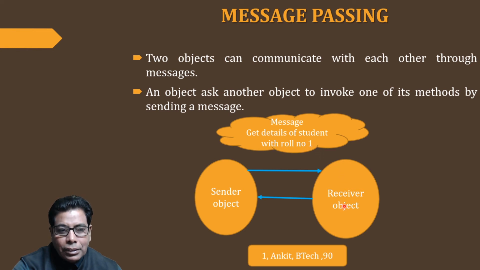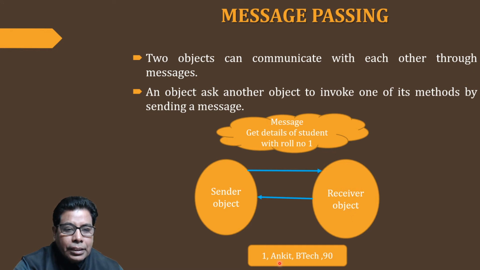So the receiver object will invoke the method with this parameter, and then it will get the attributes associated with roll number 1.